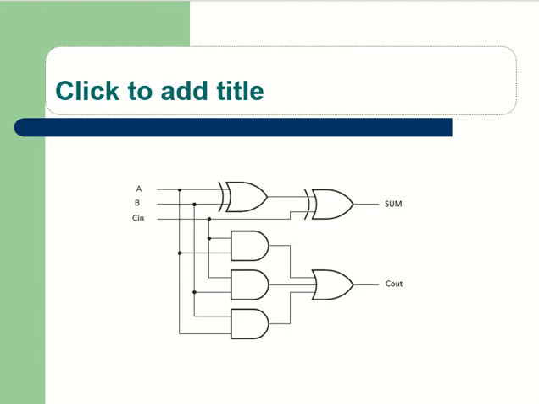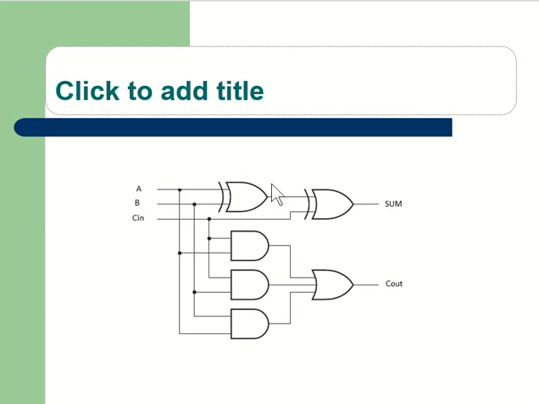So expression for sum is A XOR B XOR C, and the expression for carry will be AB plus BC in plus AC in. With this, let us see how to design this full adder circuit. As I said, expression for sum is the XOR operation of A, B and C in. So we have variable A and variable B applied to an XOR gate.